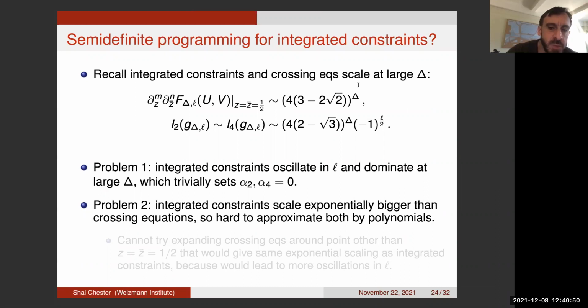But suppose that the exponential was the same, but they oscillate in spin. Would that be a problem? Well, I think it would still be a problem because you'd be making a statement that a sum of a bunch of things has to be positive, but two of those things are oscillating in spin. And if all the things are contributing roughly the same way, then it would still demand that. Well, it depends. It's kind of subtle because it really depends on the exact coefficients of all the terms in your sum.